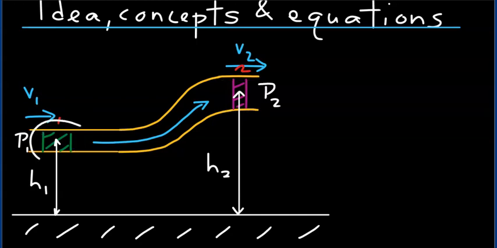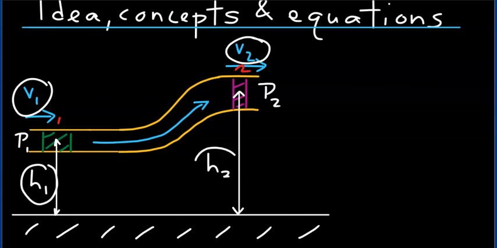As this portion of fluid moves through the pipe to point 2, its kinetic energy changes because now the speed changes, and its gravitational potential energy will also change because the height from the ground now also changes from h1 to h2.